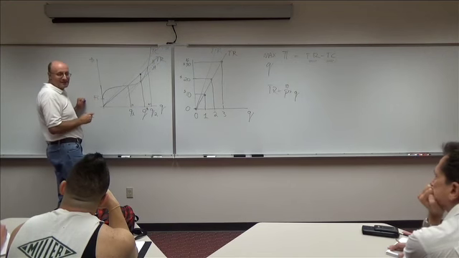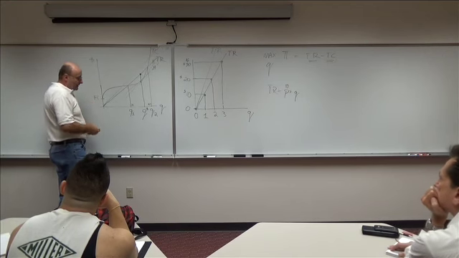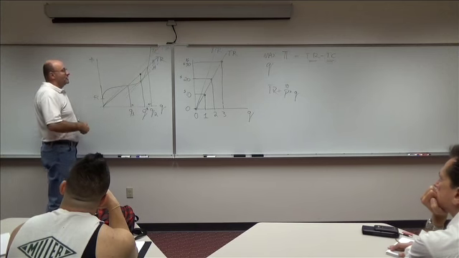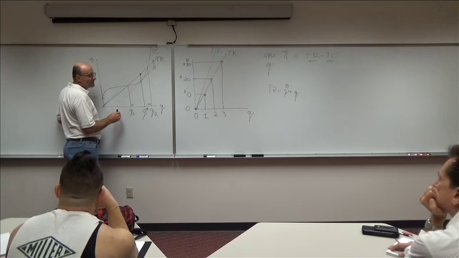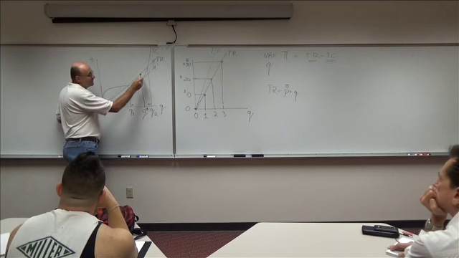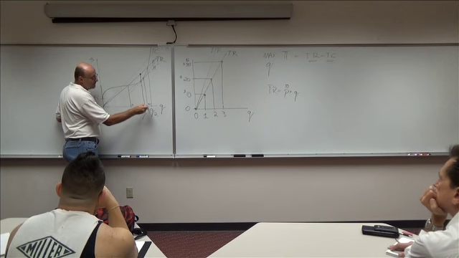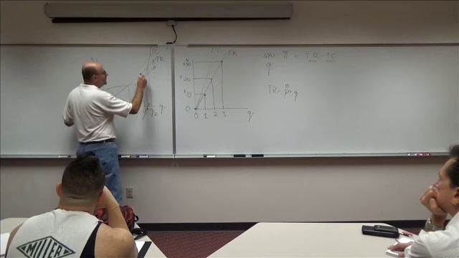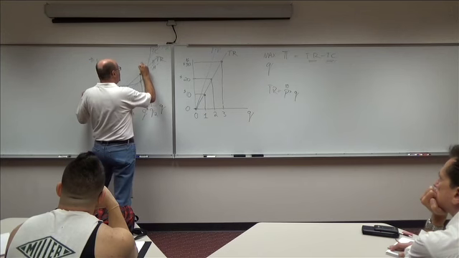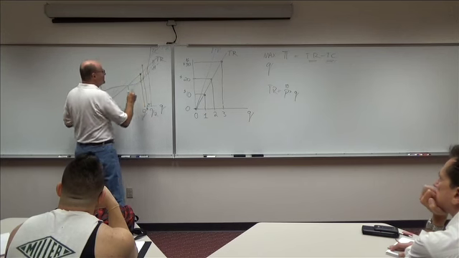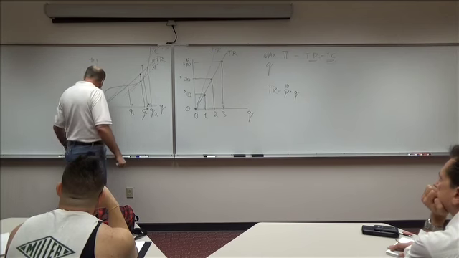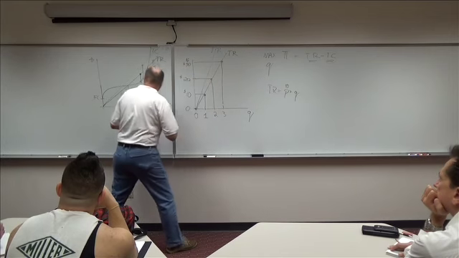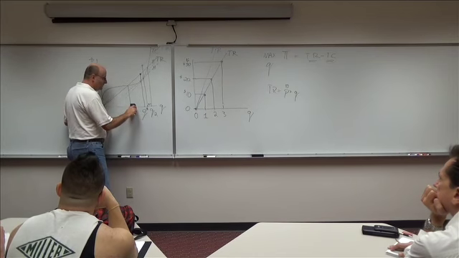Right? Something like this. In other words, you will now maximize profit at a quantity greater than Q star or smaller than Q star? Greater than Q star. And you will now generate a profit this large. That makes sense?